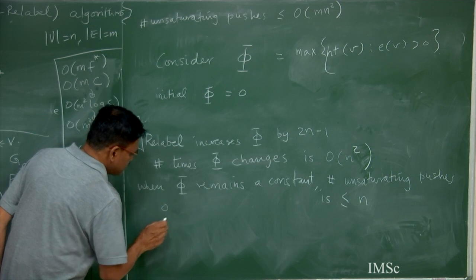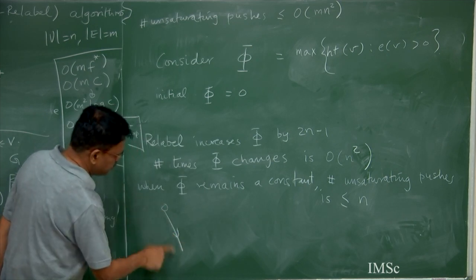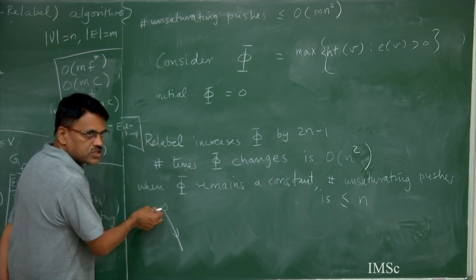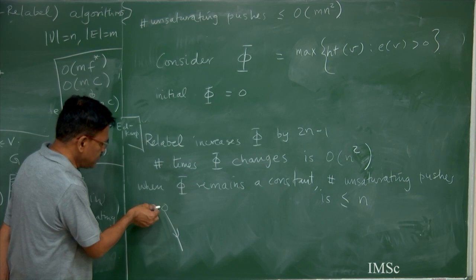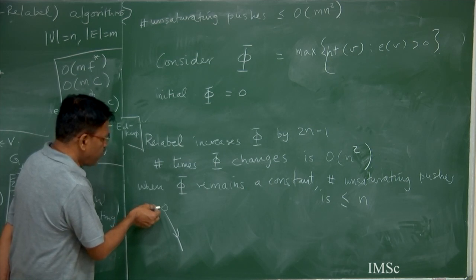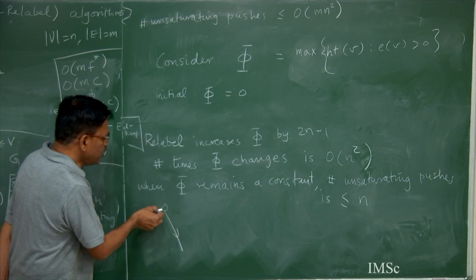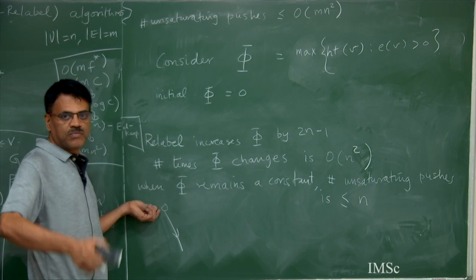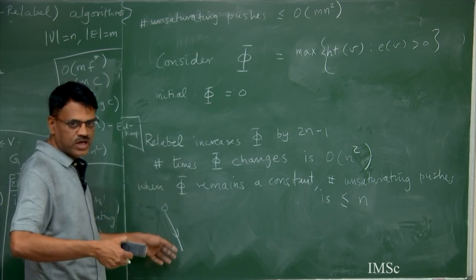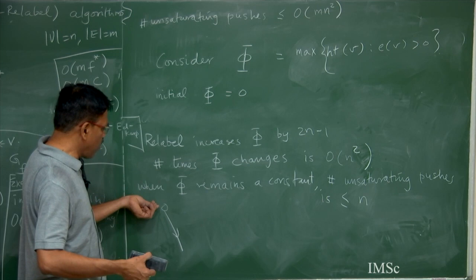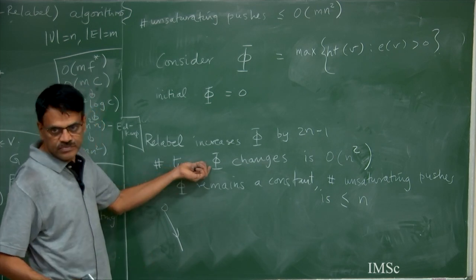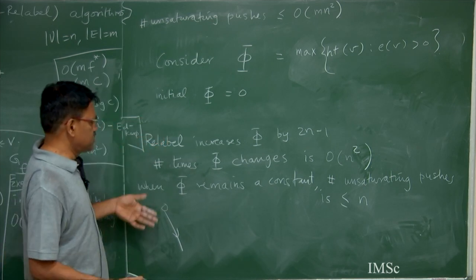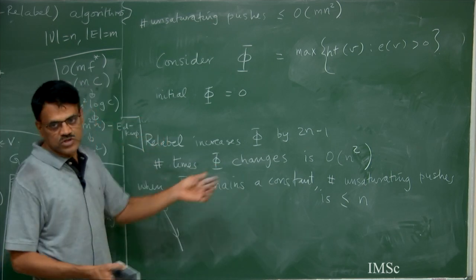Because you have a vertex and it's doing an unsaturating push, what happens? This vertex's excess has become 0 because it's doing an unsaturating push, right? Now for it to do another unsaturating or any saturating push, its excess has to become positive. For that, flow has to come from here to here. For that, its height has to go above this, and so phi will change. Right. So if you fix a phi, then the number of unsaturating pushes is at most one per vertex.